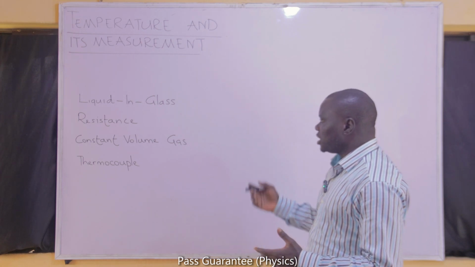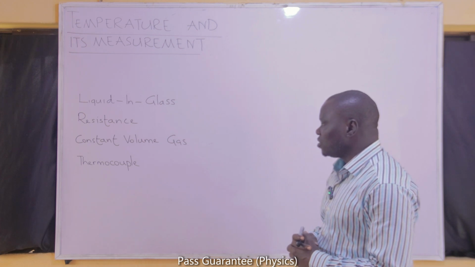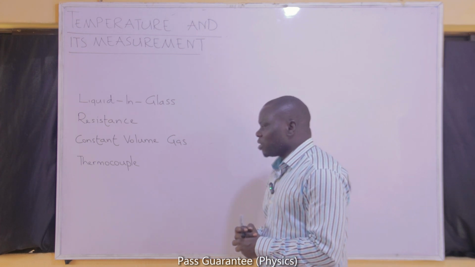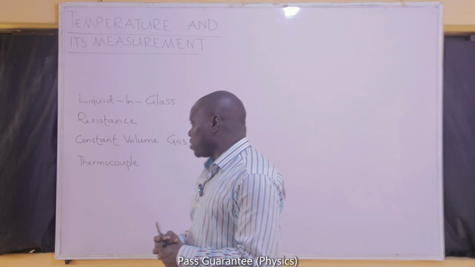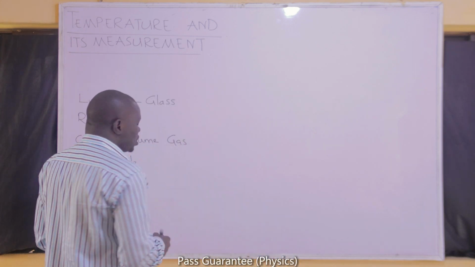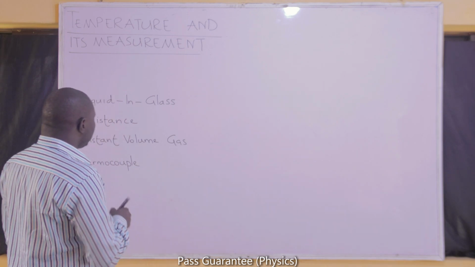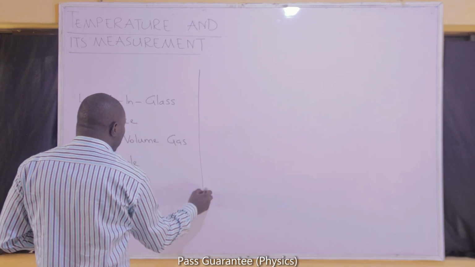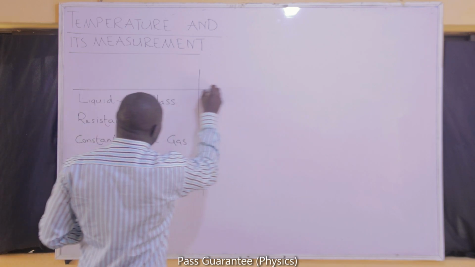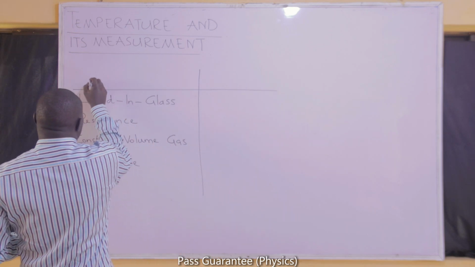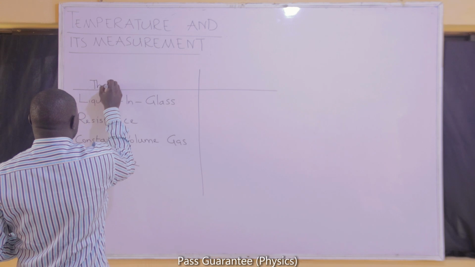But we have liquid in glass, we have resistance thermometer, we have constant volume gas thermometer, and we have thermocouple. Thermocouple, like I said, is also called thermoelectric thermometer. When you learn a thermometer, it is necessary for you to know certain things about each of them. These are thermometers.